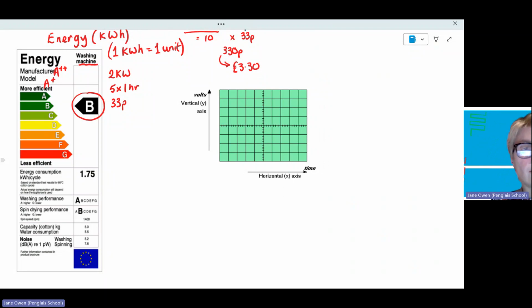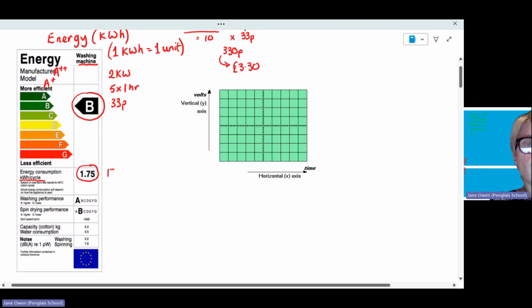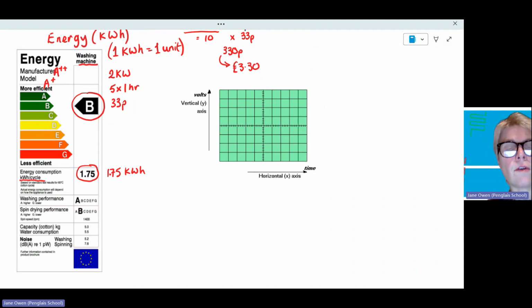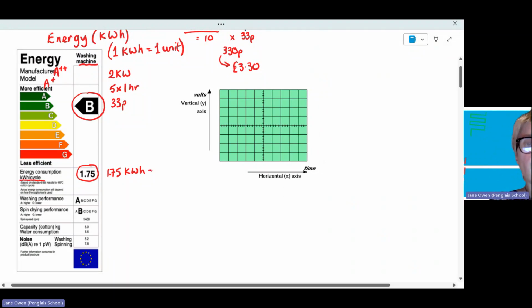But for the energy consumption here, they've given us kilowatt hours per cycle. They've told us that it's 1.75 kilowatt hours used for every cycle. So they have given us the number of units used per cycle.